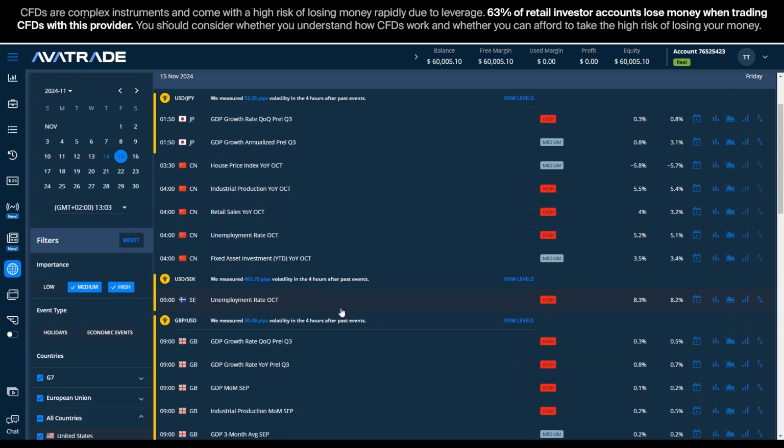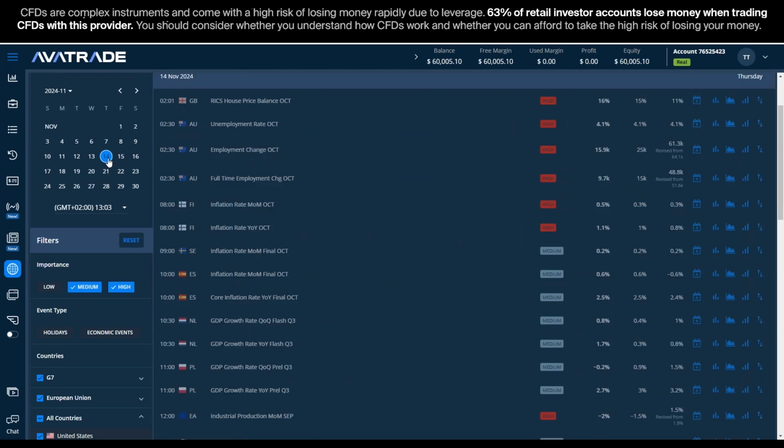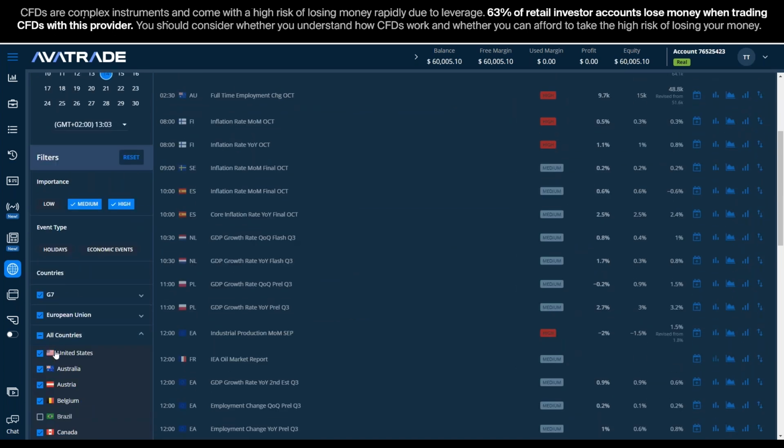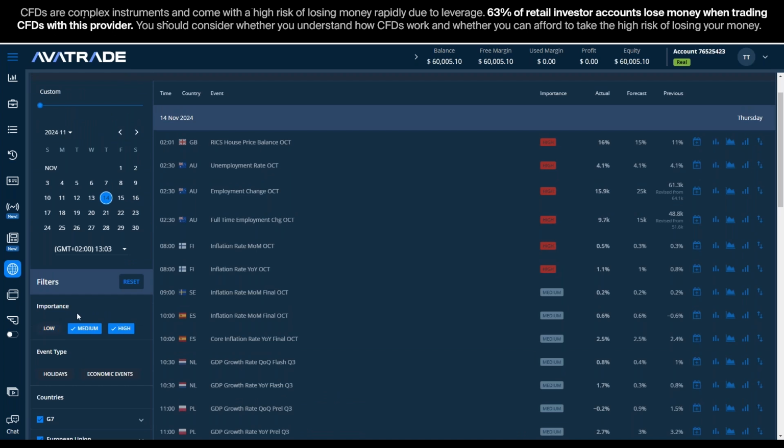If we put today's date, we'll look at today first, and you can pick the countries you want as well, and the level of announcement importance that you want. I kind of leave the low importance ones off. The medium to high importance level tends to have announcements that move the prices a bit more, with a little more price action on the charts to be able to trade off of.